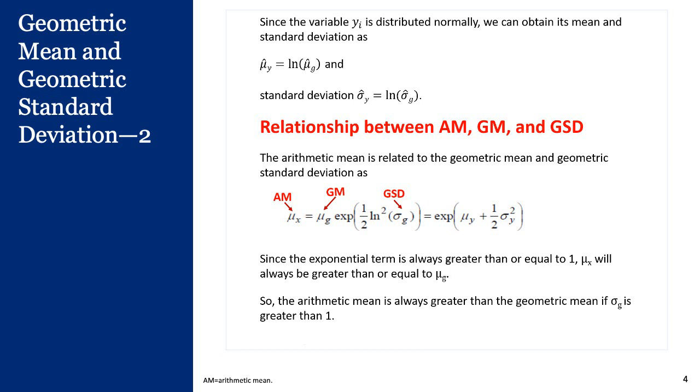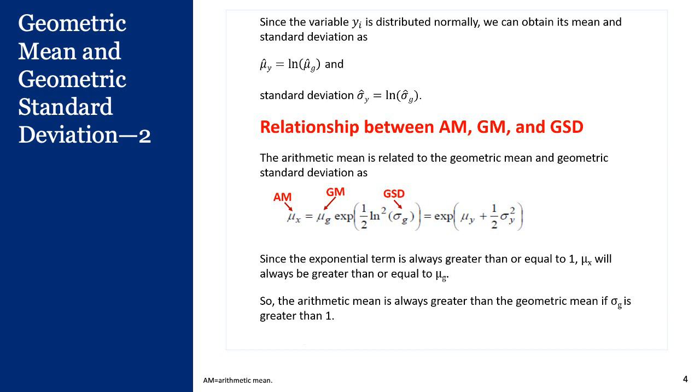There is, as you can expect, a relationship between the arithmetic mean of these measurements, the geometric mean of the measurements, and the geometric standard deviation of the measurements. The formula is mu of x equals mu of g times the exponent of, within parentheses, one half the square of the log of sigma g, the geometric standard deviation.